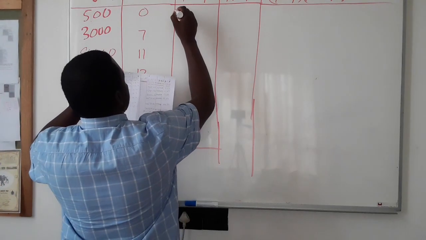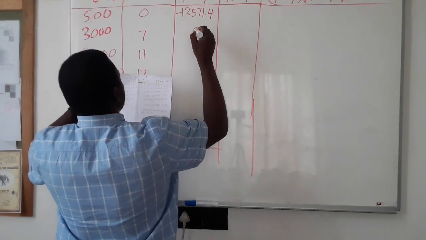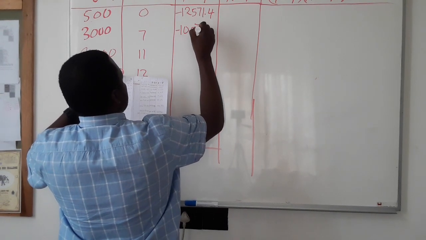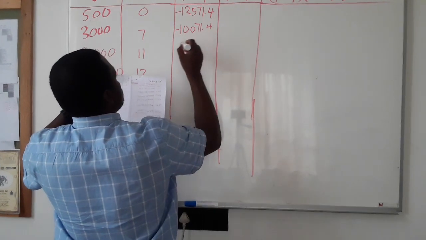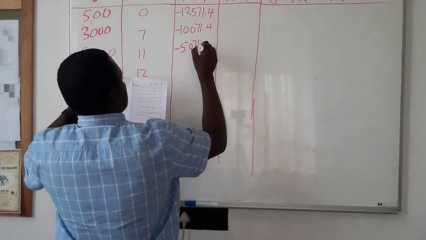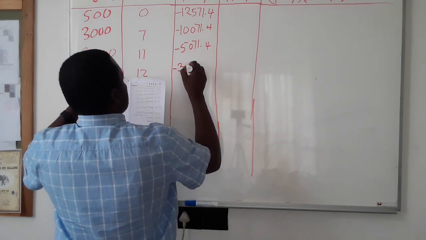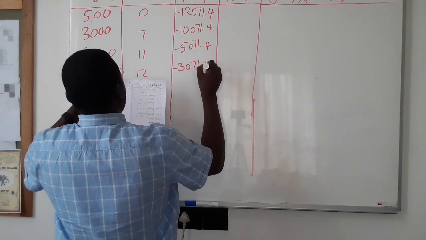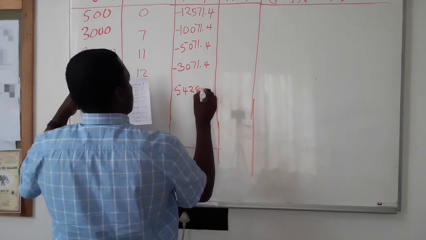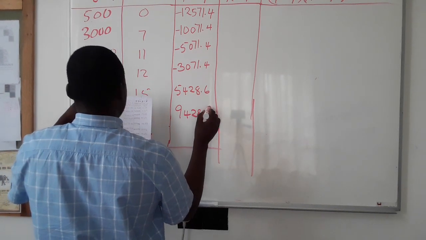So here we have minus 12,571.4. We have minus 10,071.4. We have minus 5,071.4. We have minus 3,071.4. We have 5,428.6. We have 9,428.6.